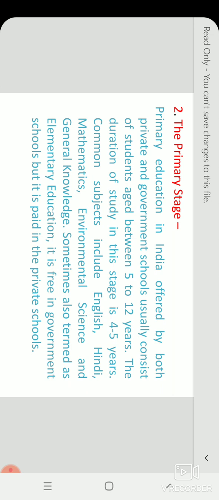It is free in government schools, but it is paid in private schools. The government has made elementary education compulsory for all the children. Most of the primary education provided by primary schools in India is imparted from class 1st to class 4th or 5th standard. The importance of primary education is recognized as it lays the foundation for lifelong learning.